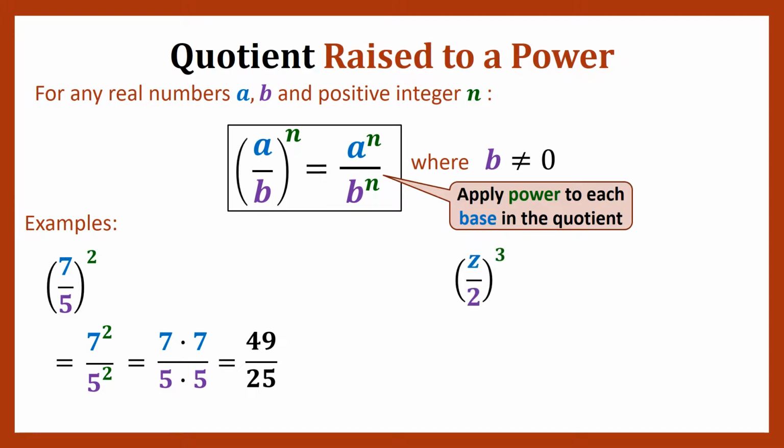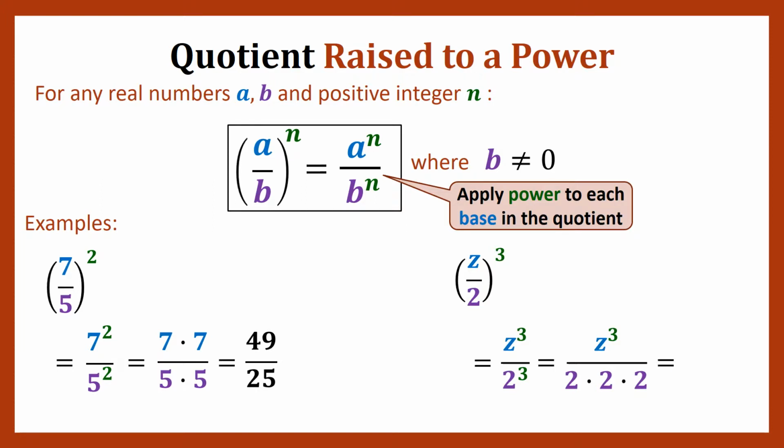Let's look at another example. Suppose we have z divided by 2, and this quotient is raised to the power of 3. By the quotient raised to a power rule, this is then equal to z raised to the power of 3 divided by 2 raised to the power of 3, which equals z raised to the power of 3, also known as z cubed, divided by the repeated multiplication of 2 3 times.